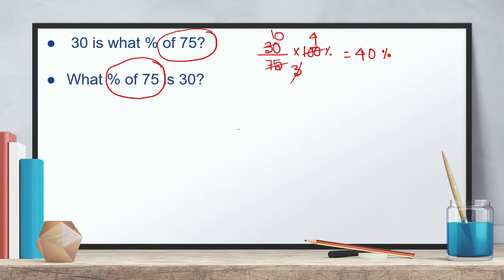Whatever is after "of" will go to the denominator, and the other number will be the numerator, and the answer will be the same, and it will also be 40%. So what percentage of 75 is 30? The answer is 40%. Clear?